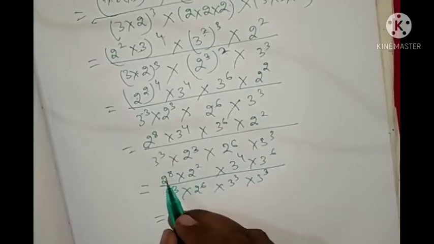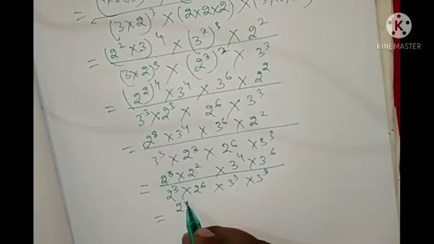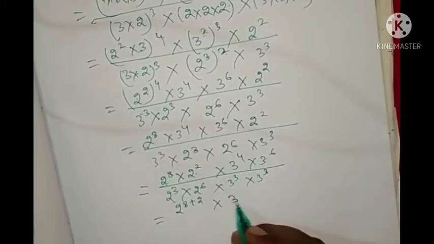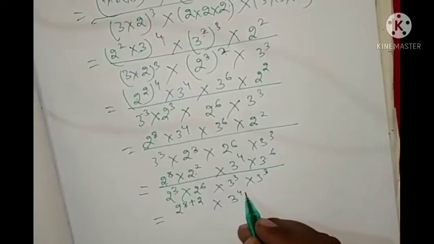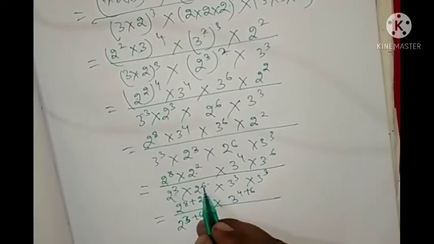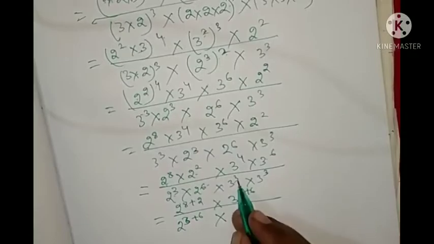Next you look at here, same base is there, means what we will do? We will add it. 2 to the power 8 plus 2, and here same base is there, means 3 to the power 4 plus 6. Next, same base is there, 2 to the power 3 plus 6, multiplied, then 3 to the power 3 plus 3. Okay.